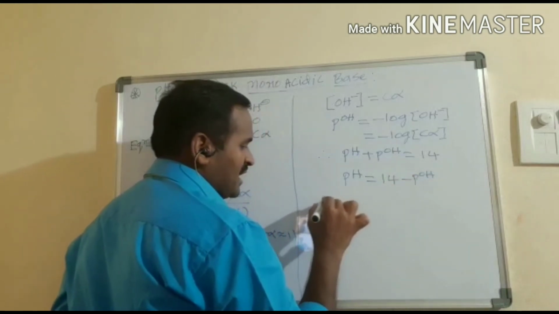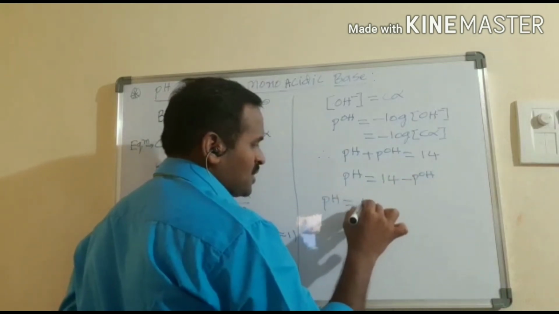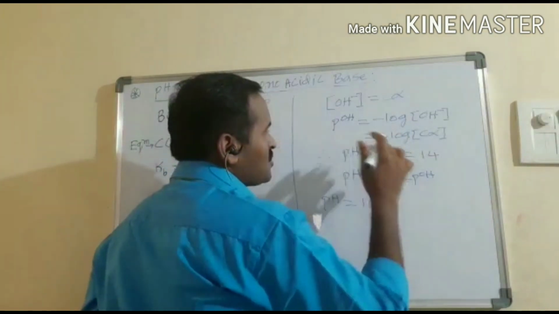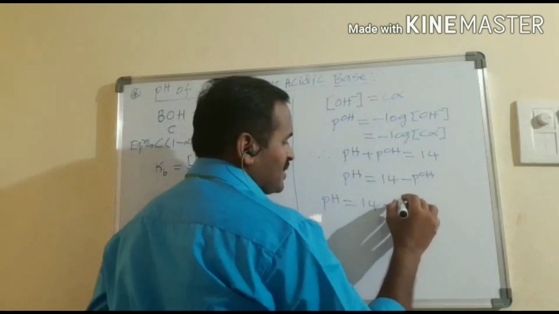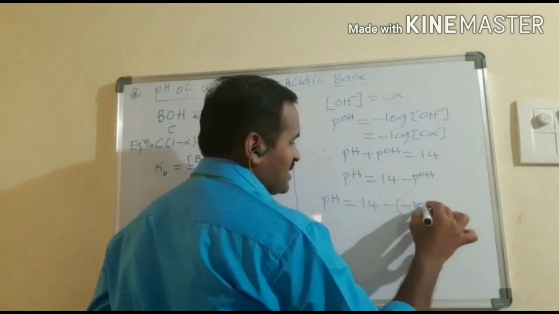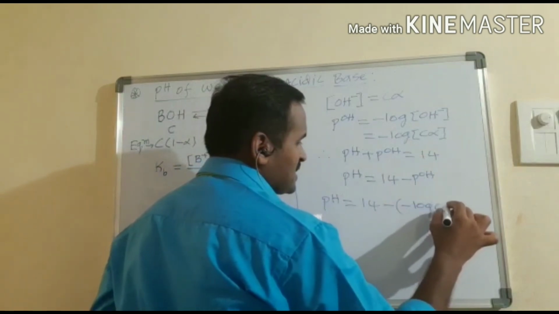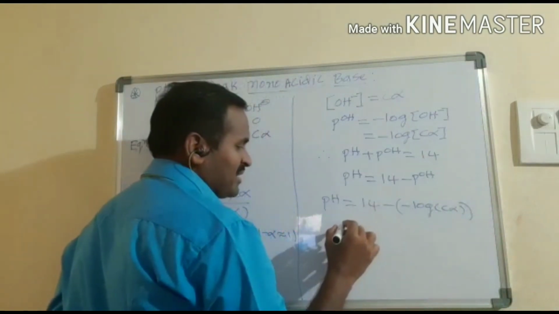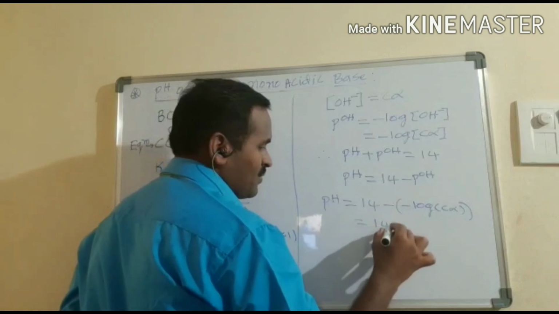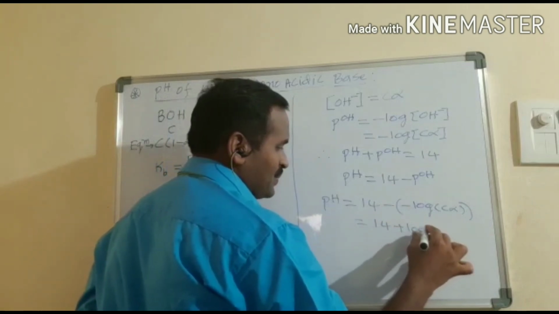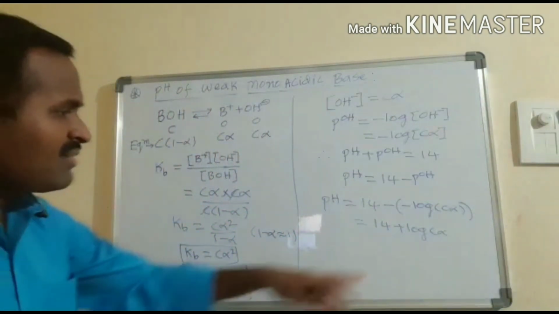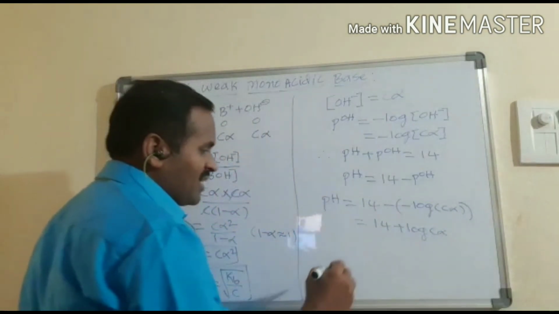So pH is equal to 14 minus the pOH value. Substituting, minus of minus log C alpha becomes a plus, so 14 plus log of C alpha. If you want, you can substitute the alpha value also.